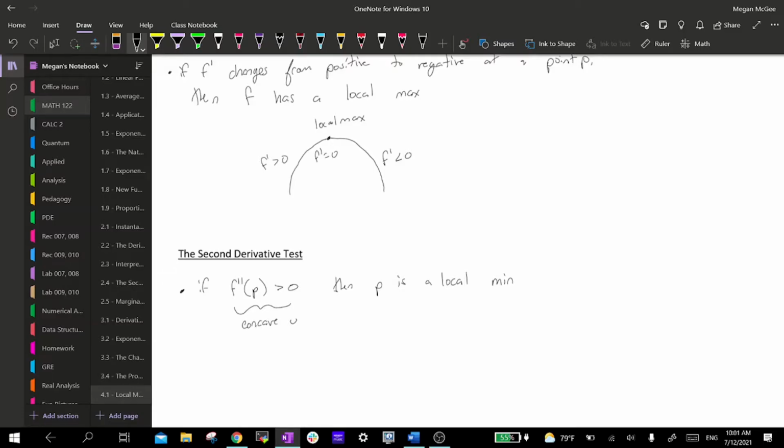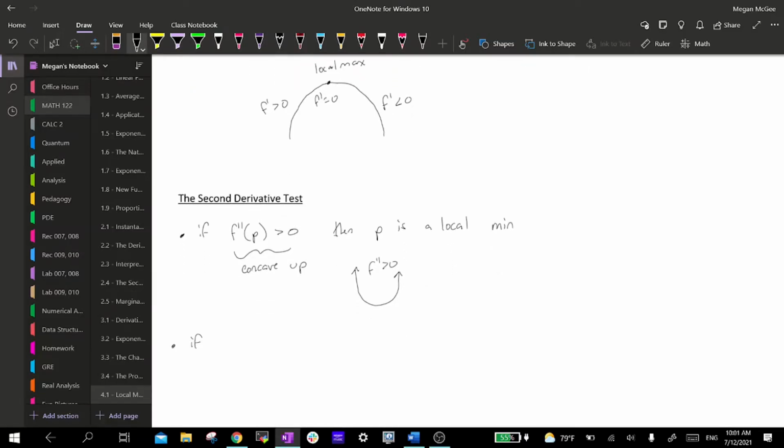Concave up, which corresponds to the first point in our first derivative test. So, concave up. So here our second derivative is positive.